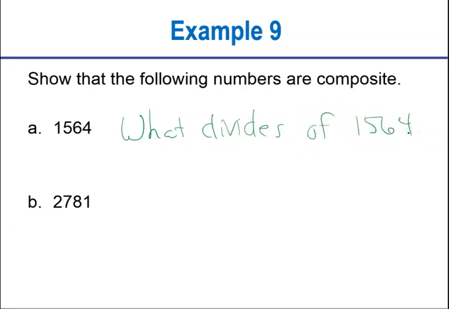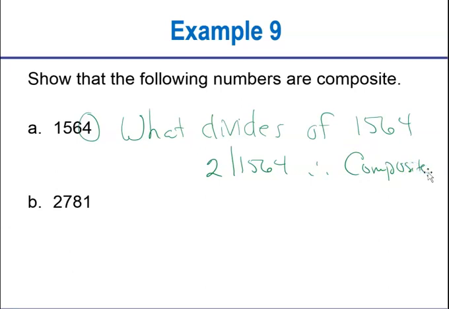I bet you recognized right off the bat that 1,564 is an even number because we have 4 in the units position. So I could write proper notation that 2 divides 1,564. Therefore, 1,564 is composite.